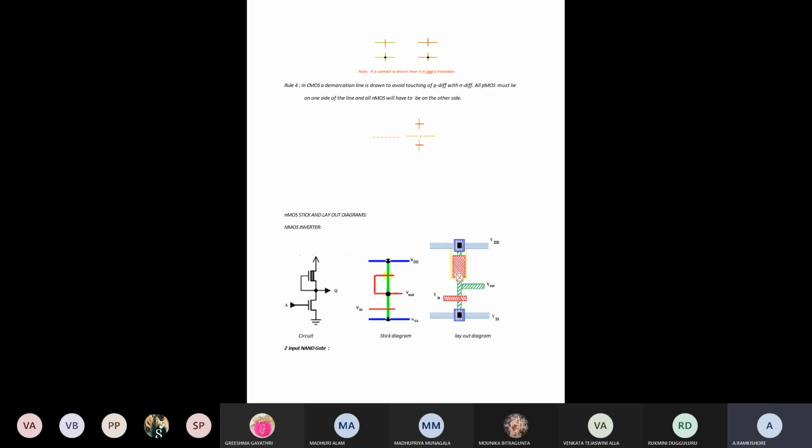Only then will it act like a transistor, either an NMOS transistor or a PMOS transistor. So over the diffusion material we are considering polysilicon with red color. Over the N diffusion we are drawing red color.